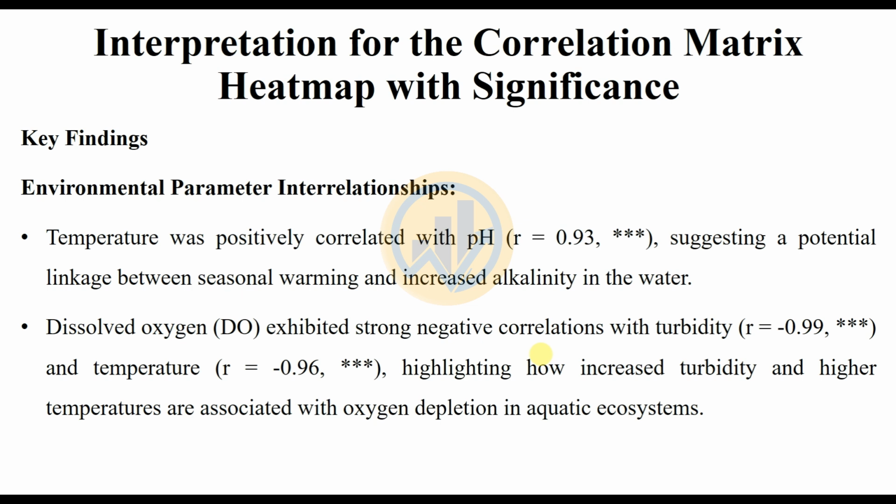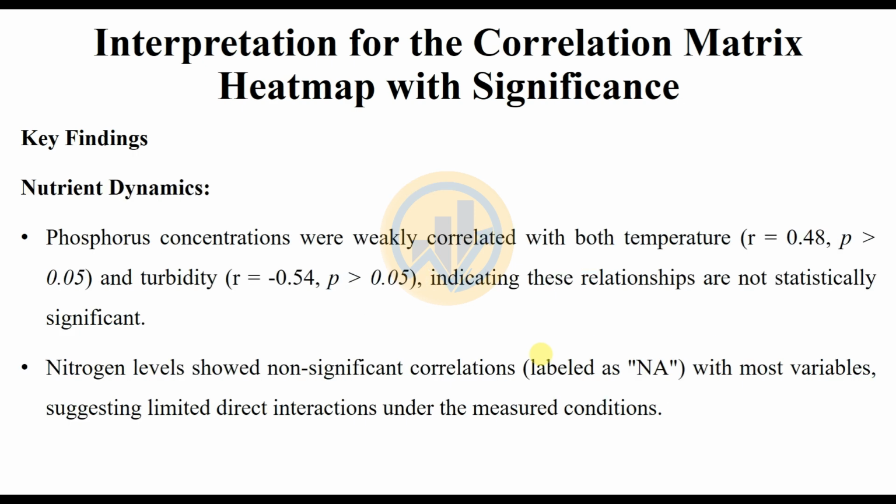Dissolved oxygen, DO, exhibited strong negative correlations with turbidity, R is equal to minus 0.99, and temperature, R is equal to minus 0.96, highlighting how increased turbidity and higher temperature are associated with oxygen depletion in aquatic ecosystems.